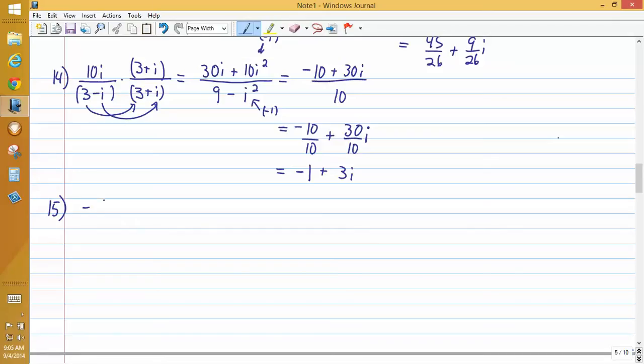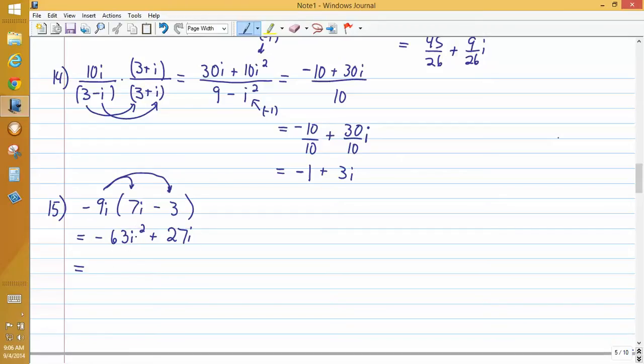Number 15, negative 9i times 7i minus 3. This is a multiplication problem, so distribute. That'll be negative 63i squared plus, because I'm multiplying a negative times a negative, plus 27i.